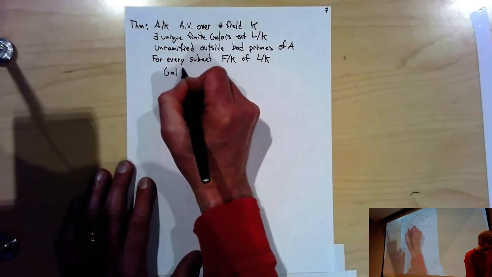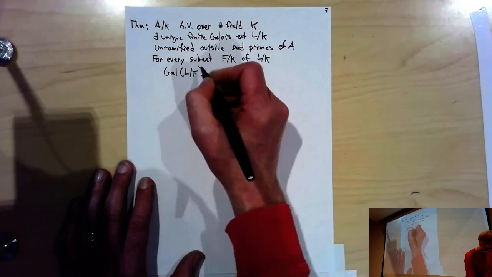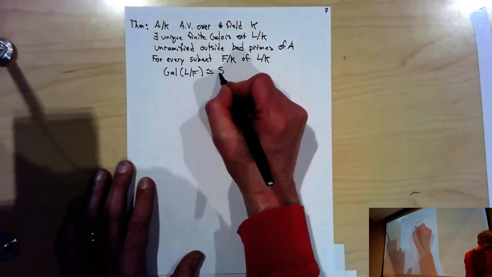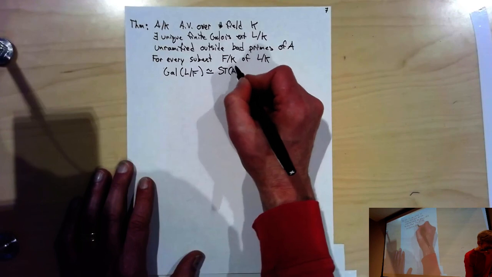The Galois group of L over F is isomorphic to the component group of the Sato-Tate group, ST_A.